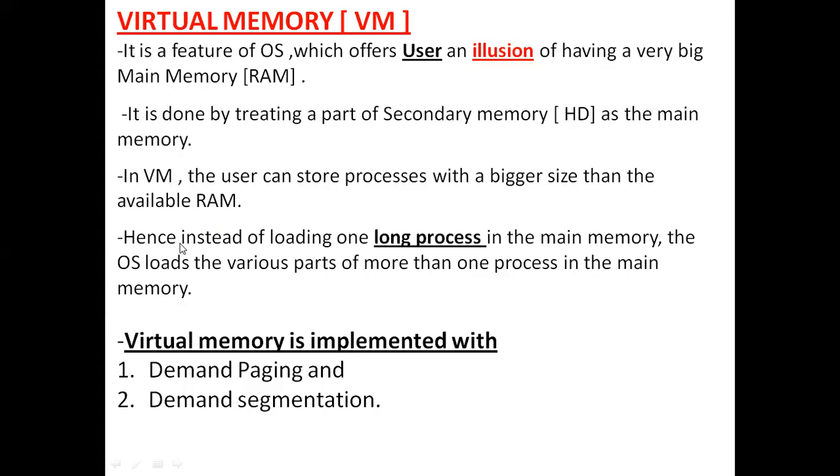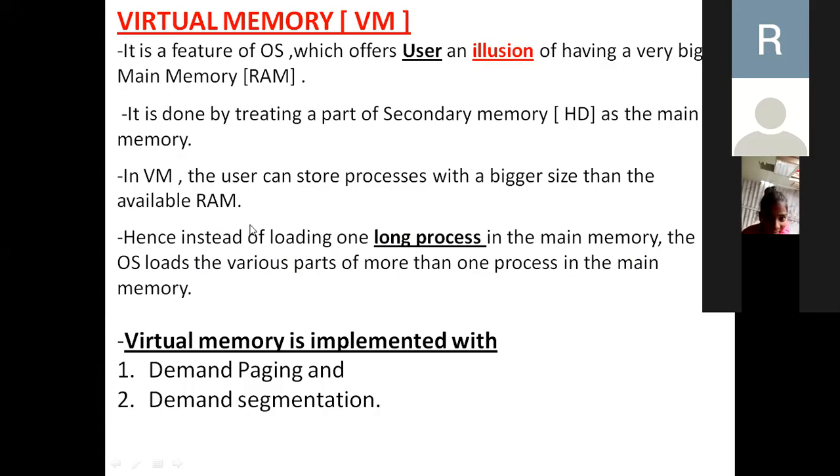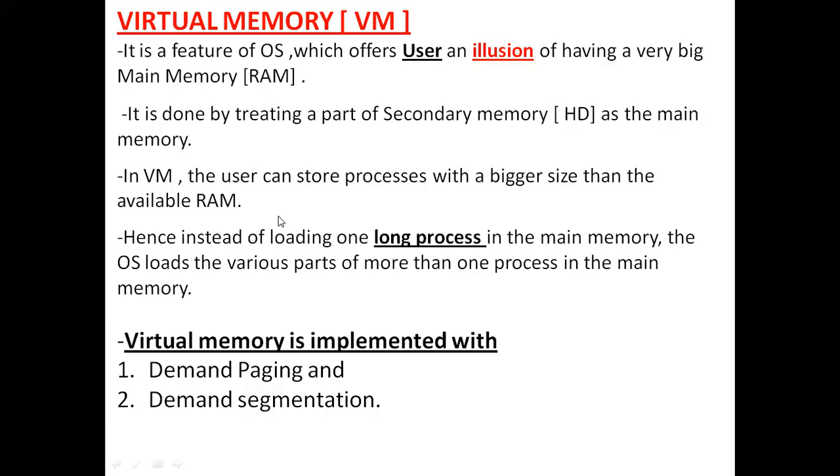Instead of loading a long process of, say, 2 GB in the main memory, the OS loads various parts or sections of more than one process in the main memory. A 2 GB process as a whole will not be loaded at a stretch.